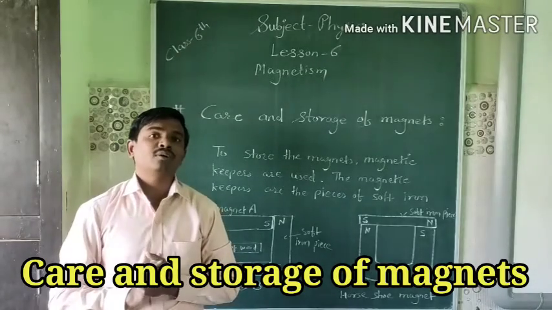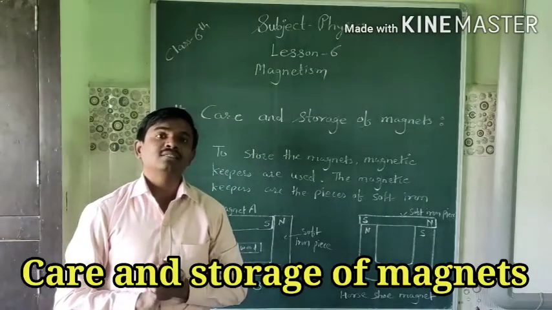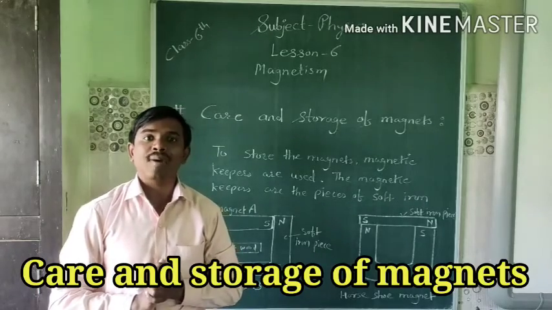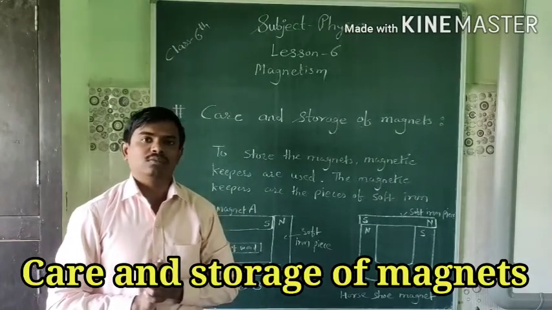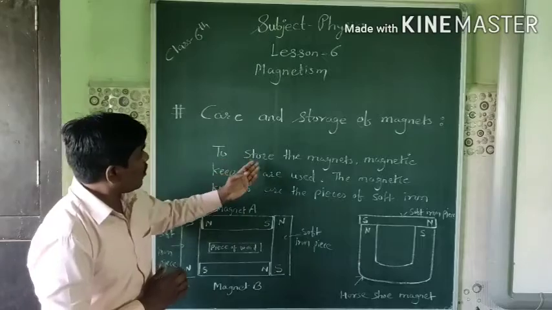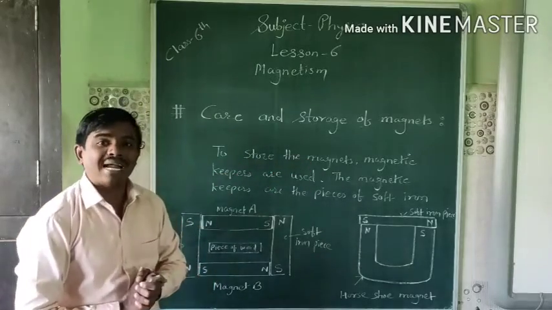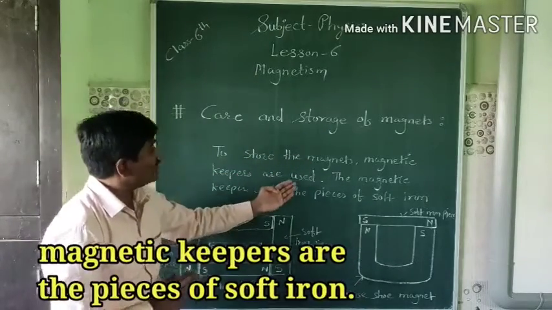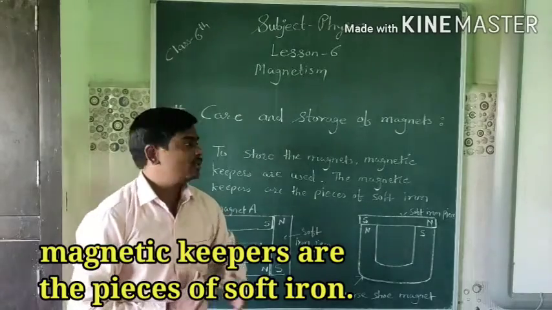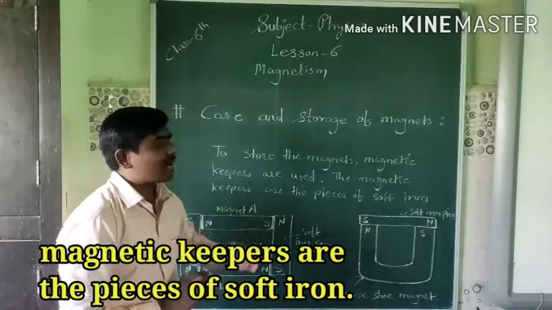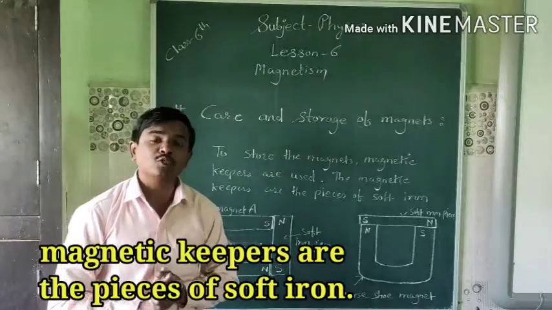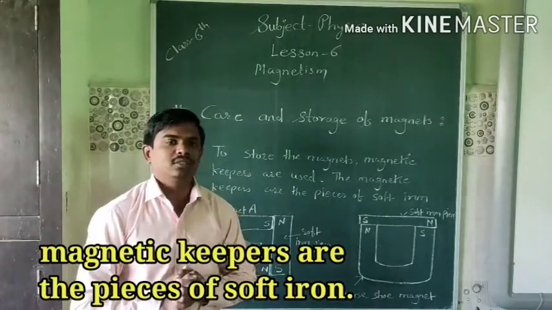So therefore, care is taken not to leave the magnet all alone. To store the magnets, magnetic keepers are used. The magnetic keepers are pieces of soft iron.